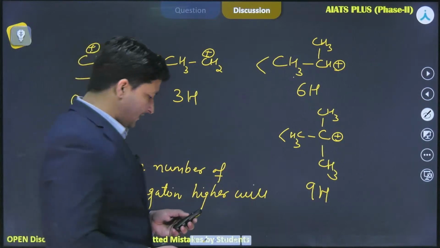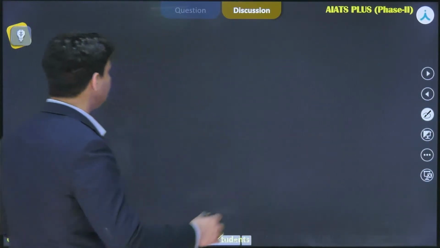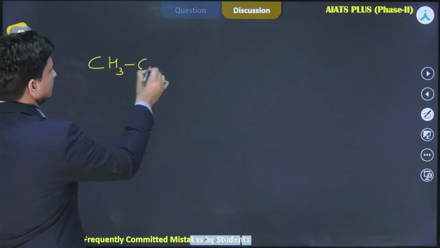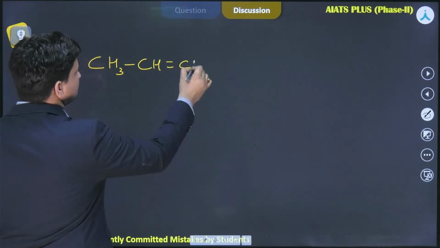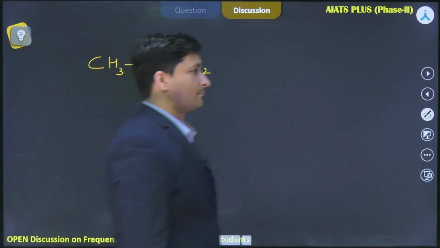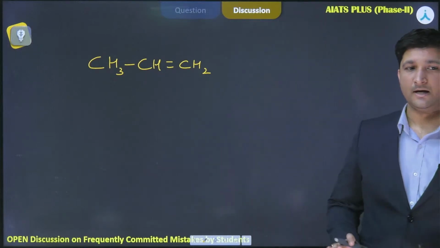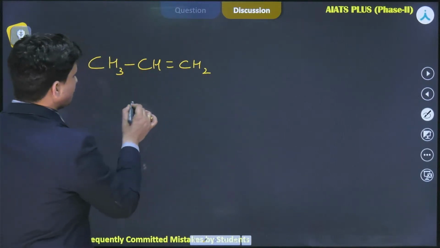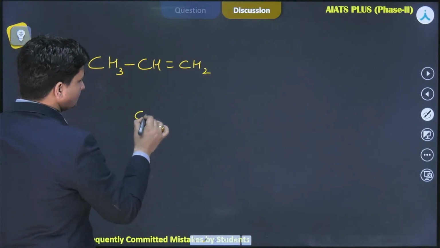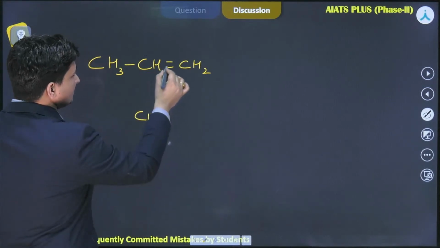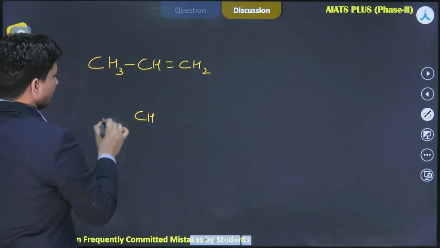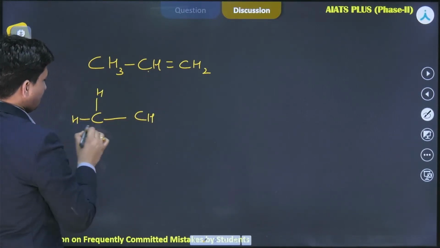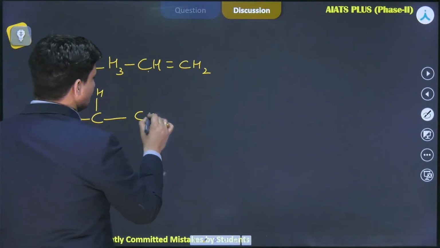Now what happens in the case of alkenes? That I will also discuss. Suppose we have CH3 CH double bond CH2. Okay, now what happens in this case, you note this down as well. You can see here, this again has one empty orbital because it is sp2 hybridized, so one unhybridized orbital is there.